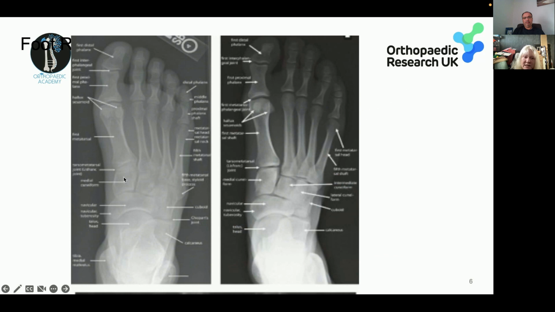And then just distal to that, you've got the cuneiforms, which you can really only see the first cuneiform on this view. But if you look at the slightly oblique view, you can see the medial, the middle, and the lateral cuneiforms. And the importance of these is when we come to look at Lisfranc injuries.